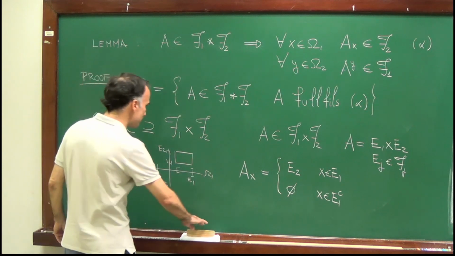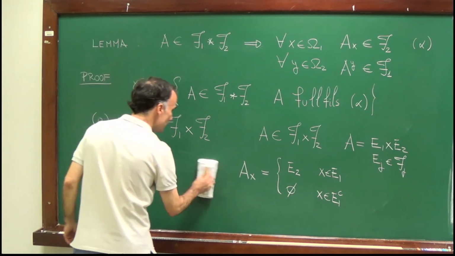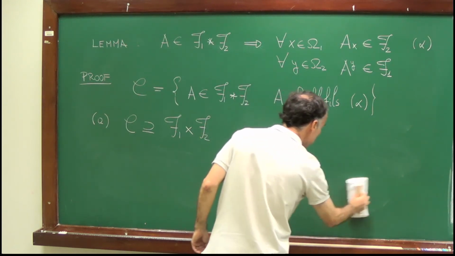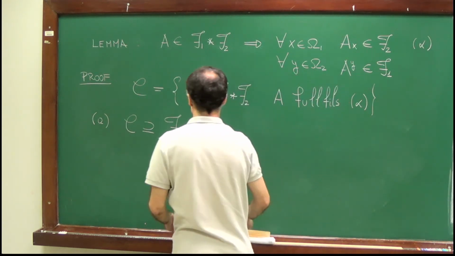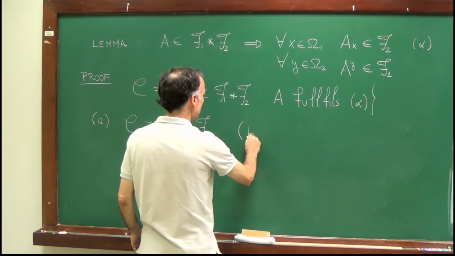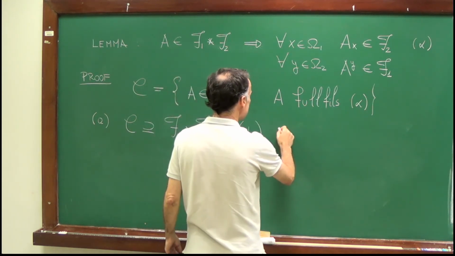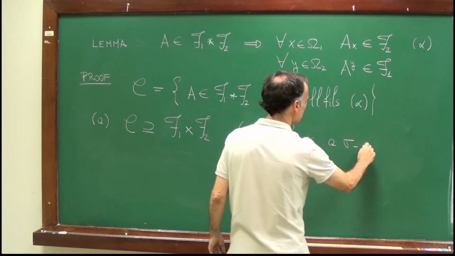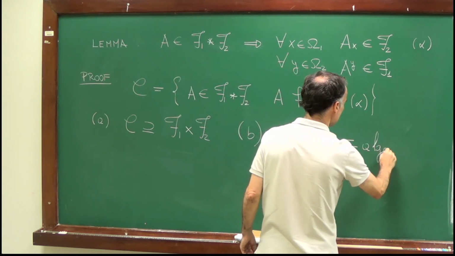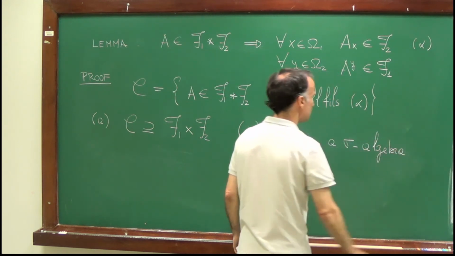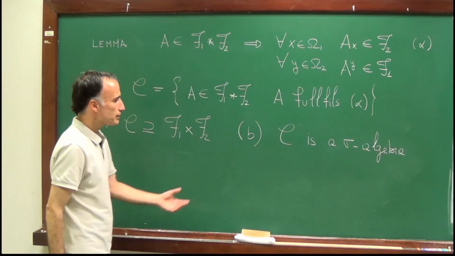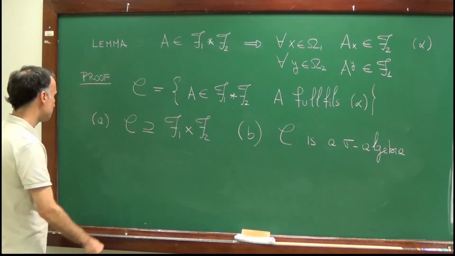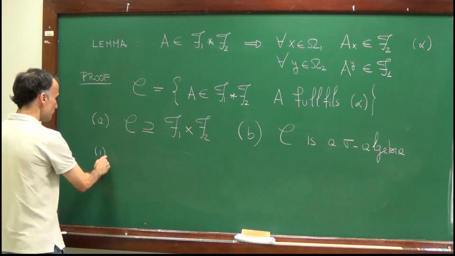Okay, so let me erase this proof, and let's now prove a second claim. So my second claim is that C is a sigma algebra. And to show that C is a sigma algebra, I have to prove three properties of C. So let's prove these three properties.